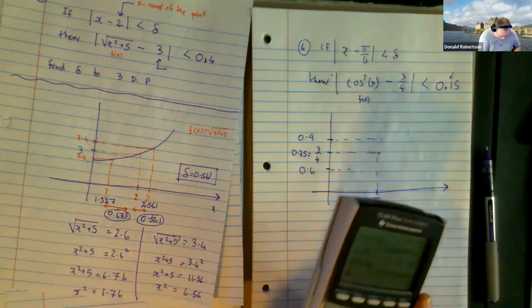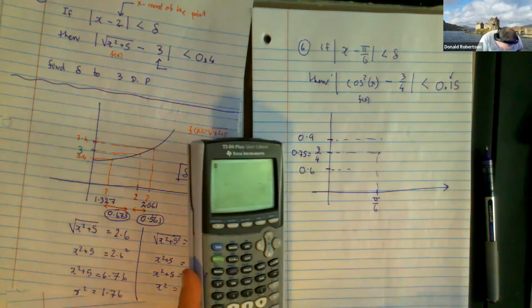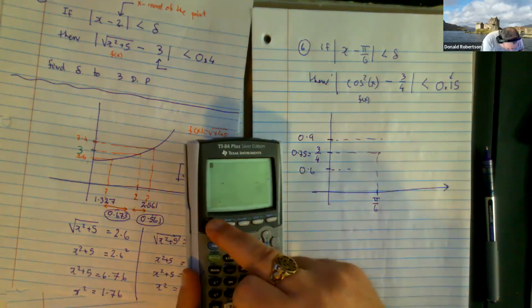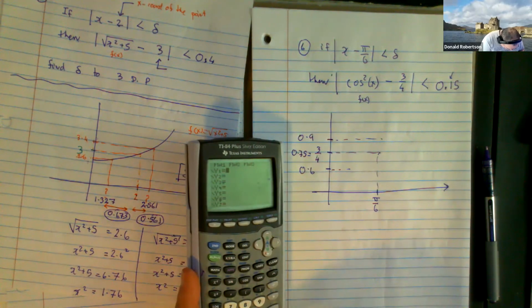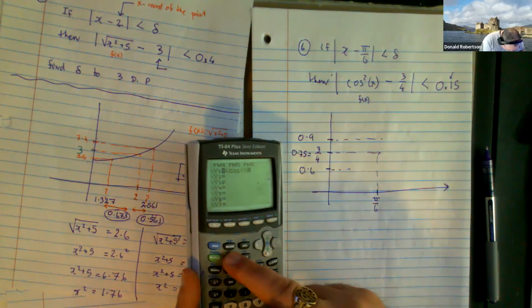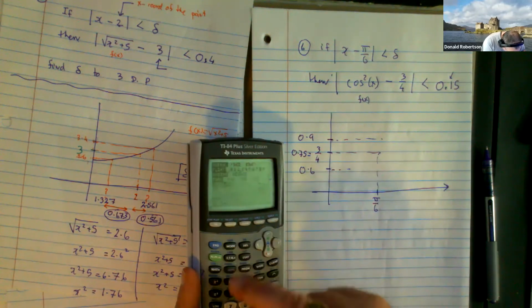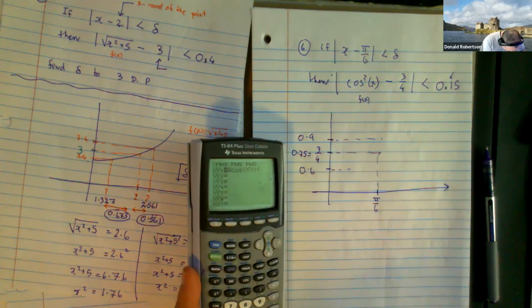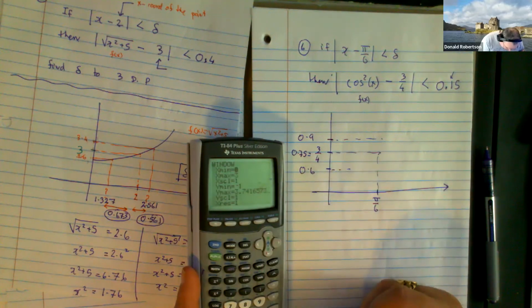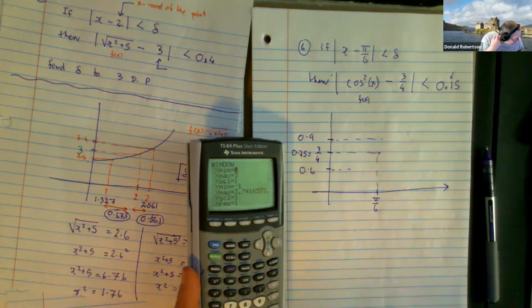So I'm going to plug in to my calculator y equals bracket cosine x, close the brackets and squared. Everything should be in radians. Double check. It is. Okay, that's good. I'm going to go to my window. I know I want to be close to pi upon 6, which is about a half.